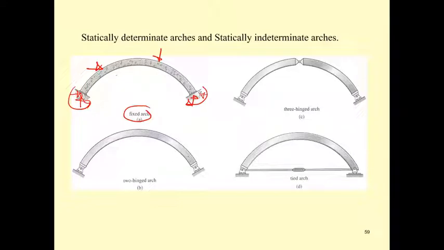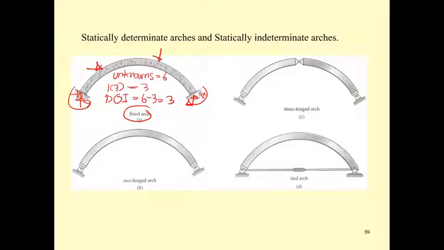And this arch will have 6 unknowns. Since there is only one piece of arch, n is 1, and we have 3 equations of equilibrium. So this structure is statically indeterminate with degree of indeterminacy of 6 minus 3 equal to 3.